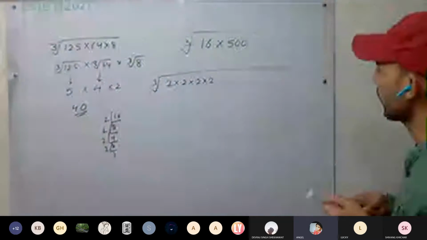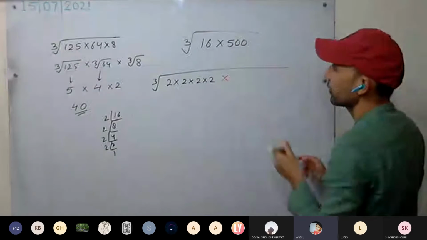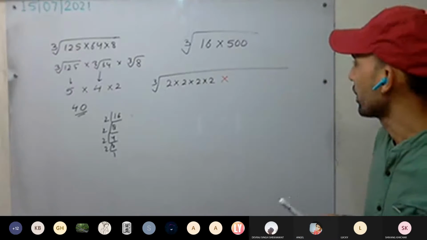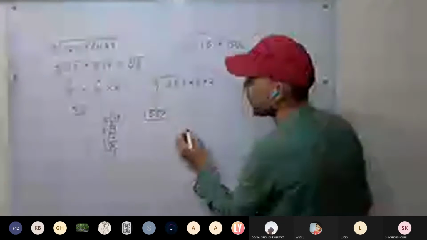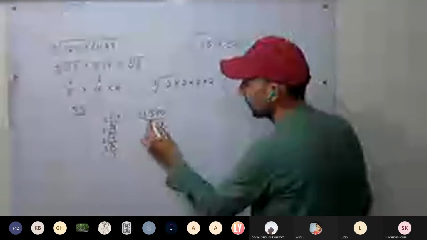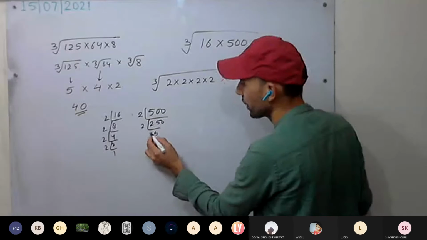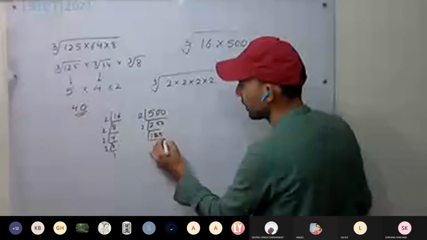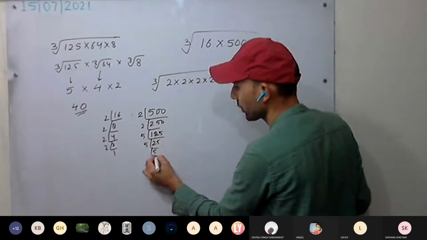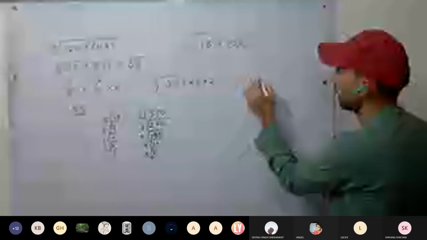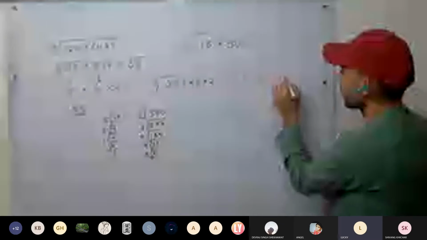For 500, factorize it: 2, 250, 2, 125, 5, 25, 5, 5, 5, 1. How many twos? 2. How many fives? 3.